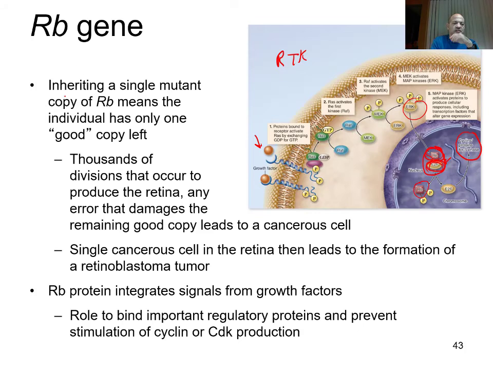So this is talking about the role this particular gene plays in the cancer called retinoblastoma. If you inherit one bad copy in the early embryo and then through thousands of cell divisions, the other copy goes bad because of a mutation when it's copied, then both copies are bad and you're not making normal RB protein. And then that leads to cancer in the eye.